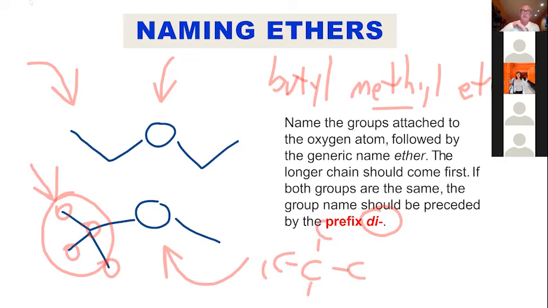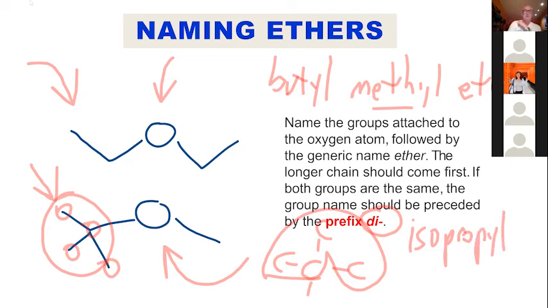This particular group is called isopropyl. So we call this isopropyl methyl ether. So is it a butyl, but it's called something different? It's called isopropyl, yeah. Okay.